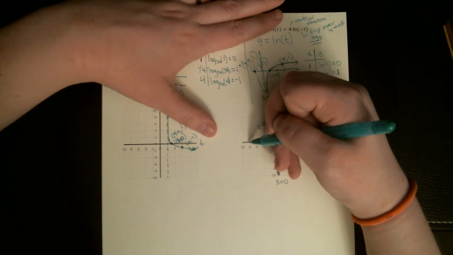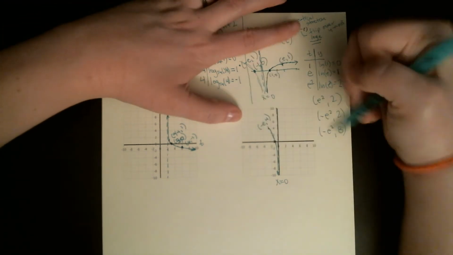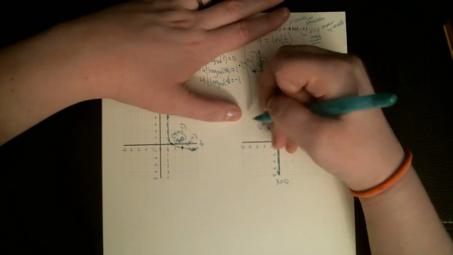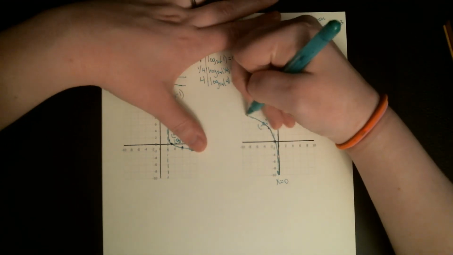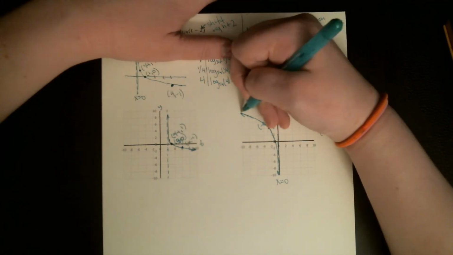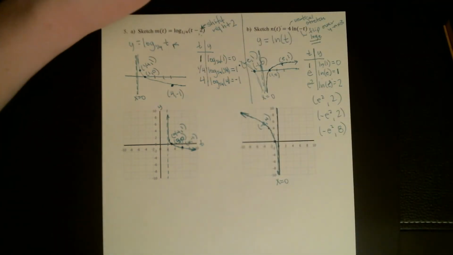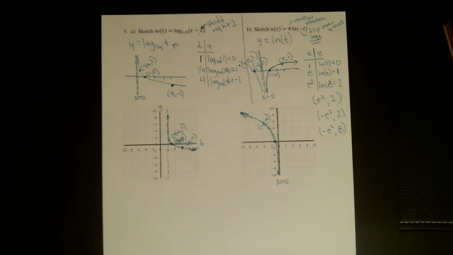So I'm just going to kind of estimate here, and that's something you could check on your calculator while you have one handy, but otherwise just approximating is good. So just so that I don't get too crazy far off, it does flatten out. Something about like that. All right, thank you for watching.